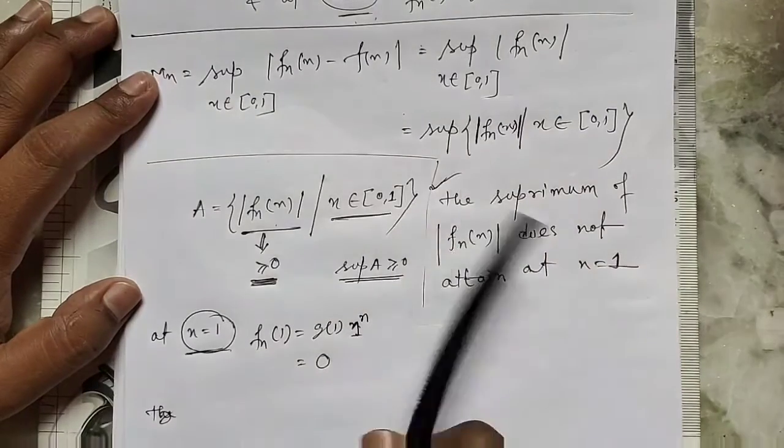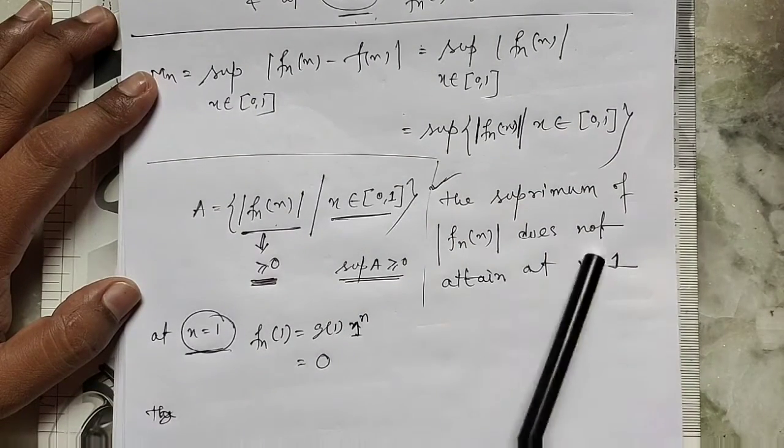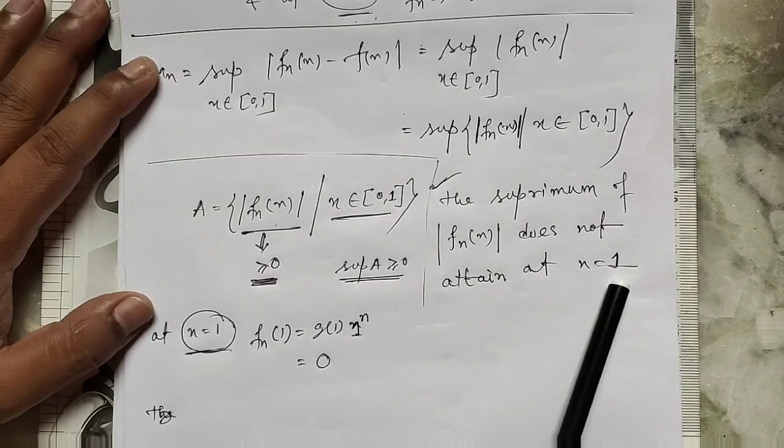So the supremum of fn x does not attain at x equal to 1.